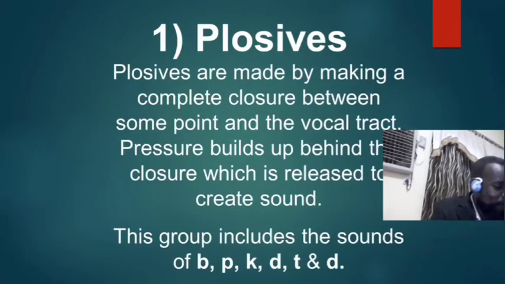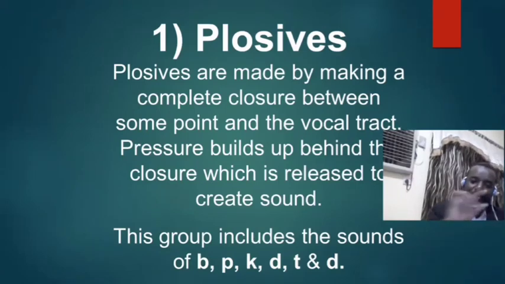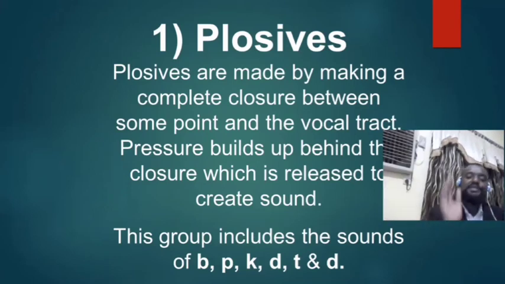The first one is the consonant sounds. There are about 24 consonant sounds in the English language, divided between two things, vertical and horizontal. We say that is manner of articulation and place of articulation. So here we have plosives, the first one.